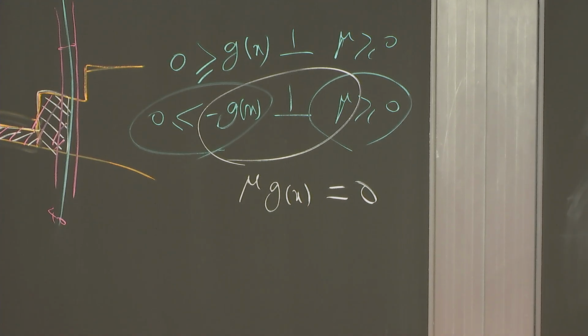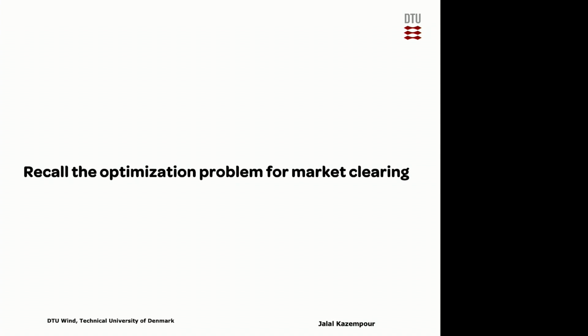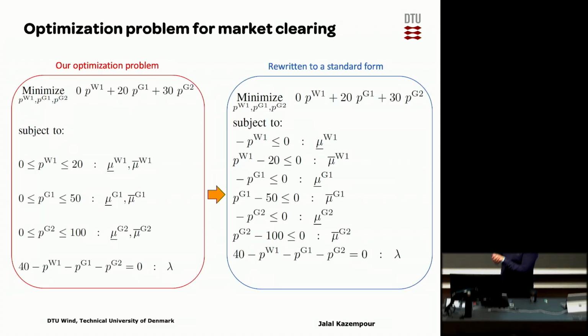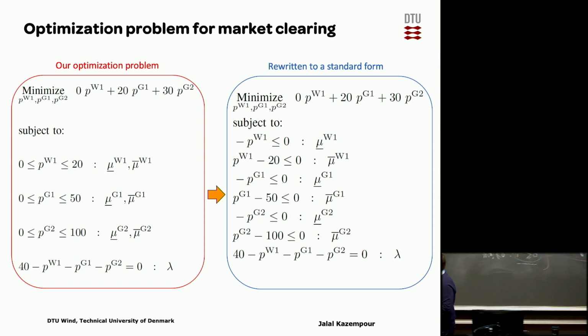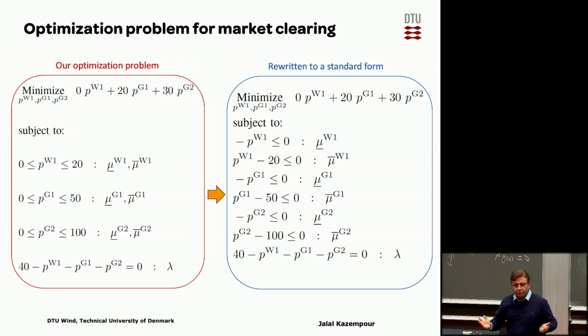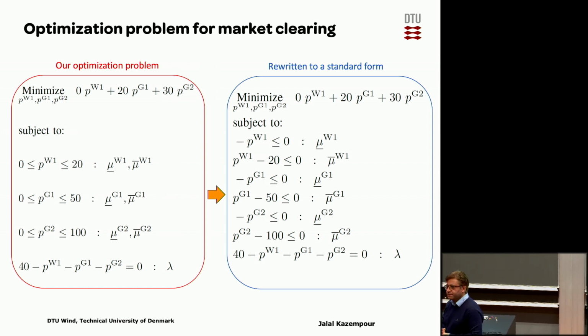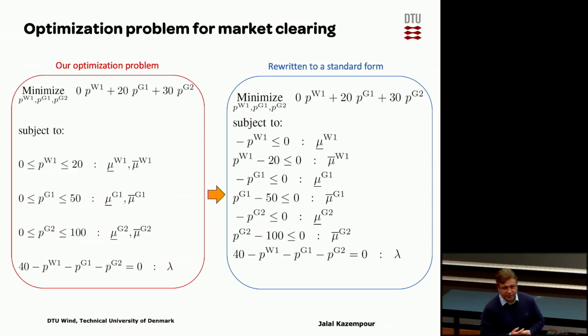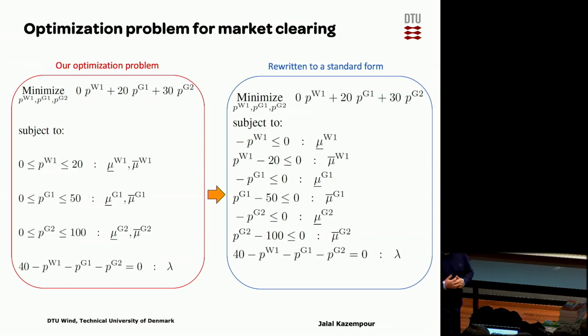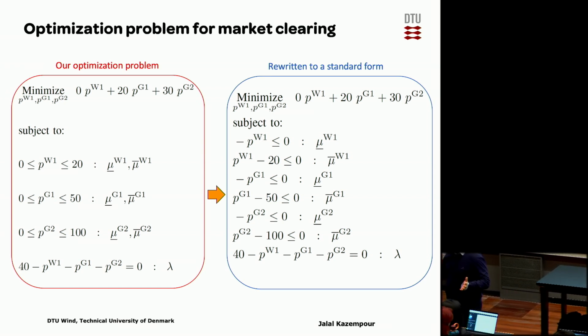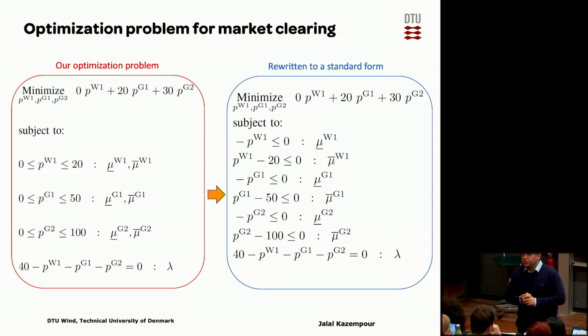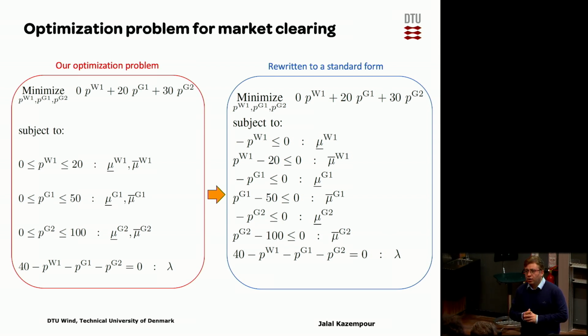So let me get back to our market clearing optimization problem. The red box, it's what we saw before, right? It's our market clearing problem. The first thing we do is write it in a standard form. Remember, minimization, and all constraints should be in the form of lower than or equal to.